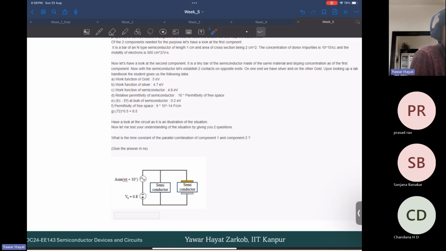Please write an expression of tau in terms of R and C for this parallel combination of component 1 and component 2, which is nothing but a resistor and a capacitor in parallel. Anyone? No one? Okay. Will this be tau equal to RC?